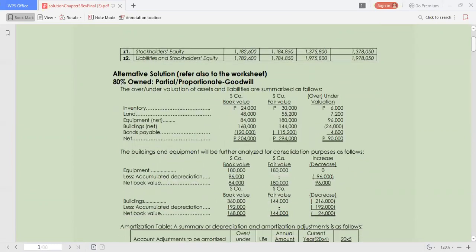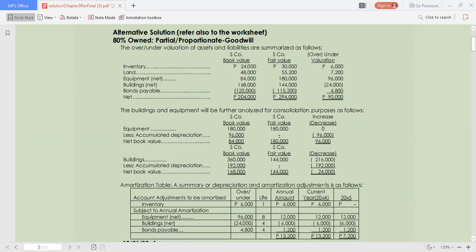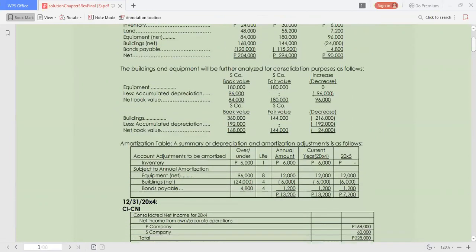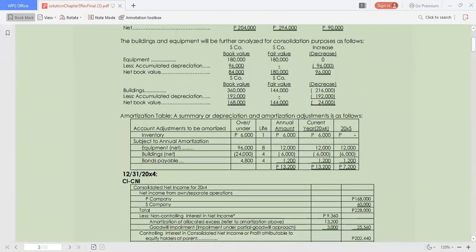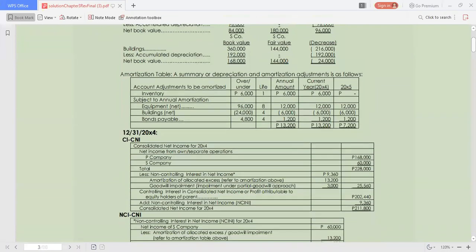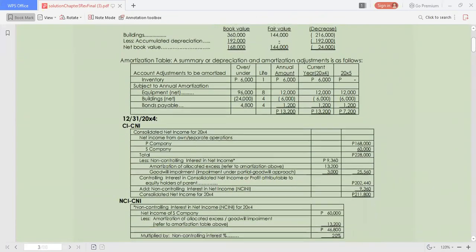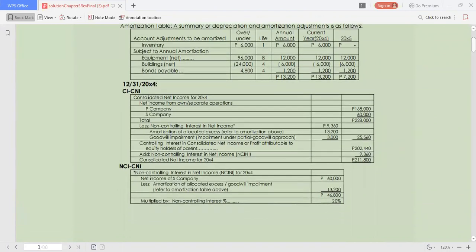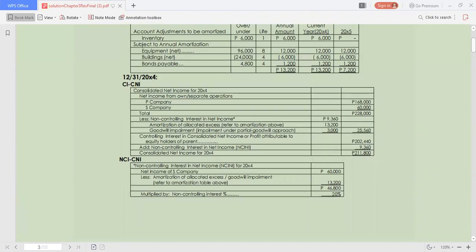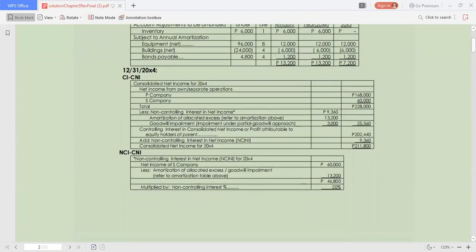Then we have shown the analysis of the equipment and the building accounts, and we now have the amortization and depreciation. And here we have the consolidated net income from the separate operations of the parent and the subsidiary.